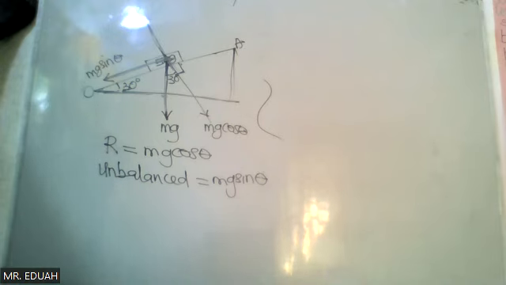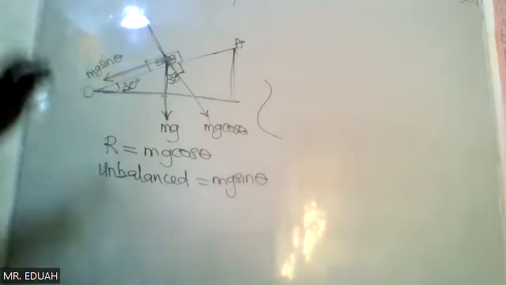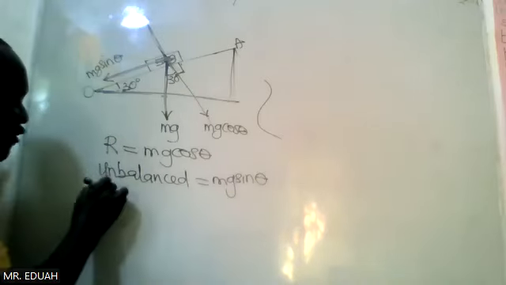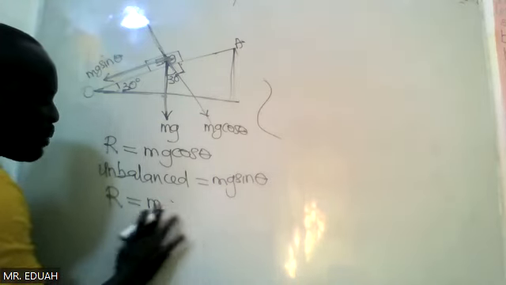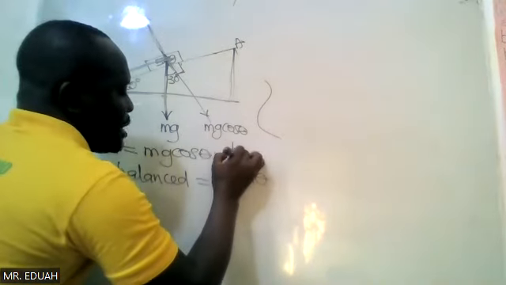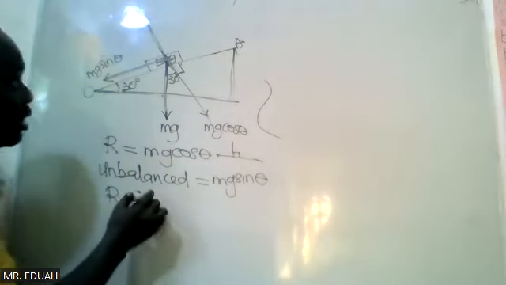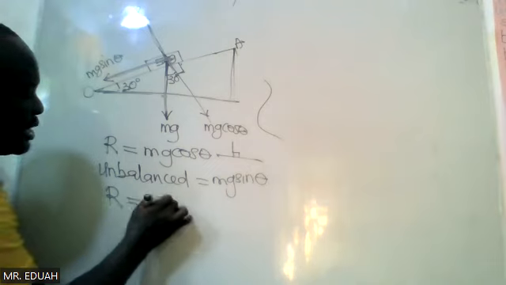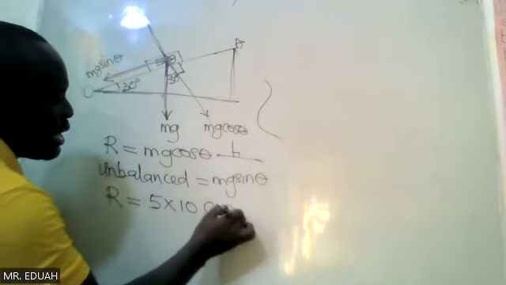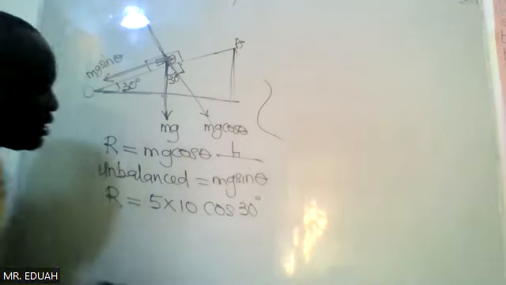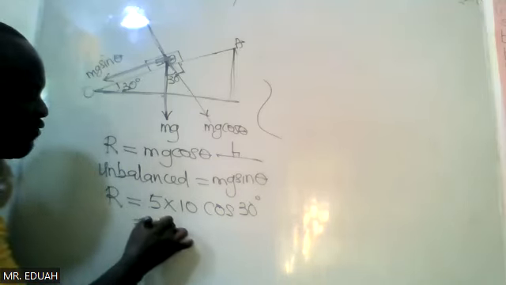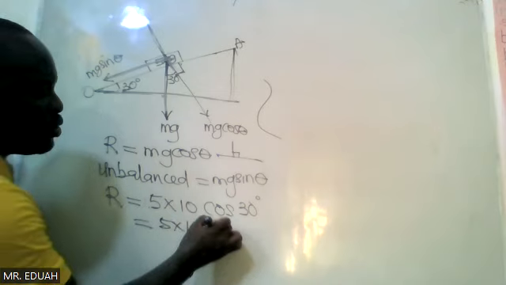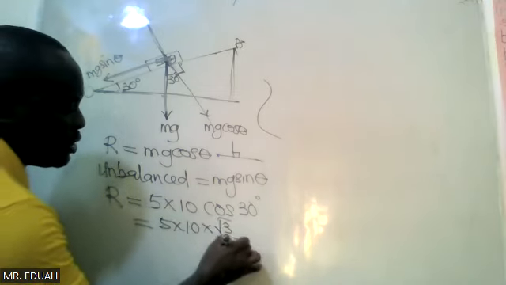Class, okay, so calculate the reactional force perpendicular to the plane. Straight away, the reactional force is mg cos theta, which is perpendicular. This is always perpendicular to the plane. So the mass is 5, g is 10 times the cosine of the angle of tilt. And so we have 5 by 10 by root 3 on 2.